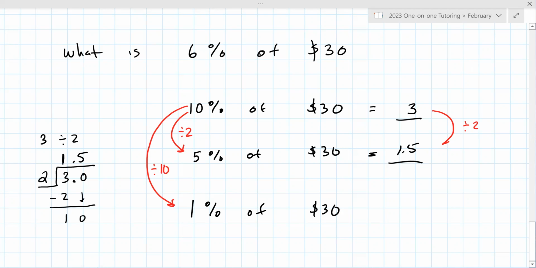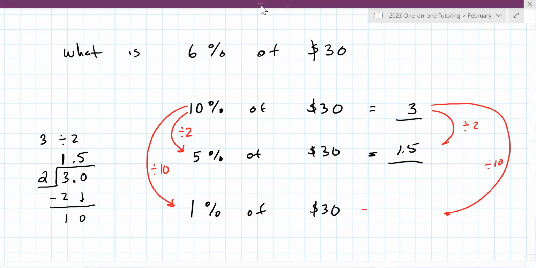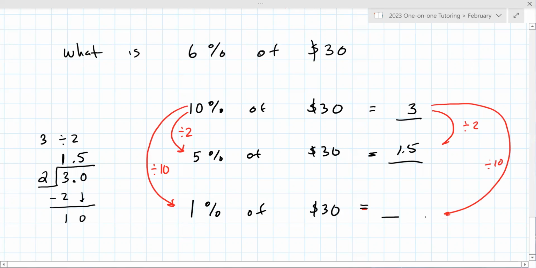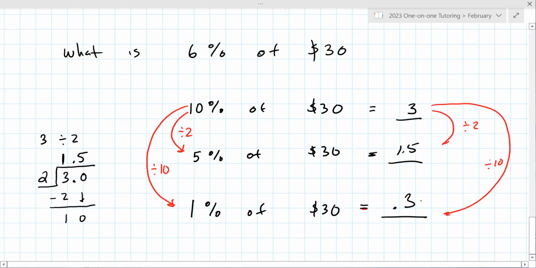Good. So you're going to take this 3 and divide it by 10 also. What is 3 divided by 10? 0.3. Okay.